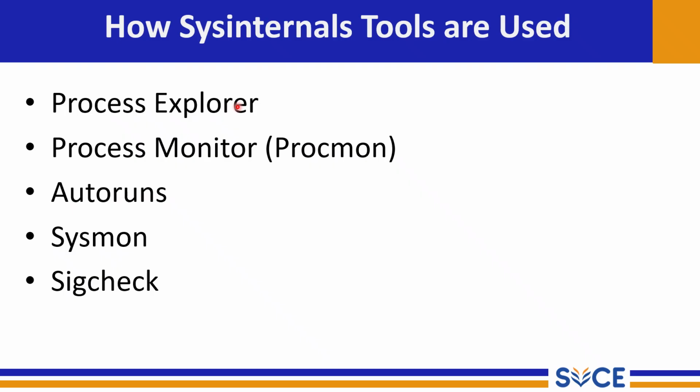So this Process Explorer has several features, right? It contains a view of running processes, their associated DLLs, and handles, which is crucial for identifying suspicious processes and their actions. It includes a built-in VirusTotal feature to check the reputation of processes.